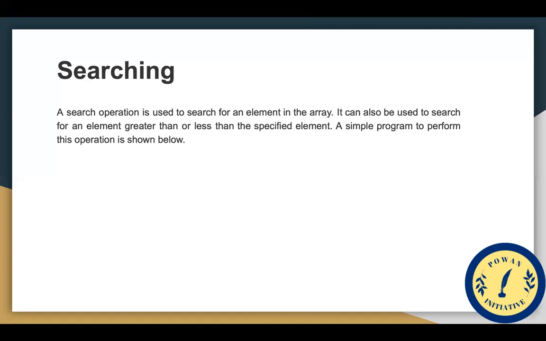Now the searching operation is used to search for an element in an array. This is one of the widely used operations, and the motto behind reading this first, rather than going to an example or a live program of deletion, is that even while deleting, we need to find which element the user wants to delete.